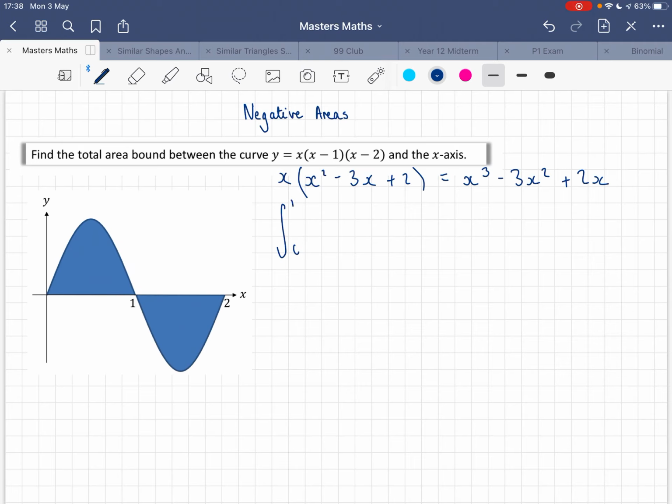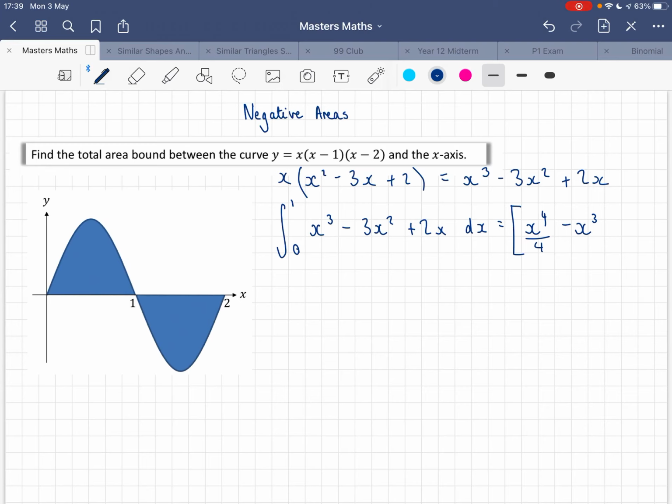First, for the positive area, between 1 and 0, so I'm integrating x cubed minus 3x squared plus 2x dx. That would give me x to the power of 4 over 4 minus x cubed divided by 3, so just x cubed. Oh, this is nice.